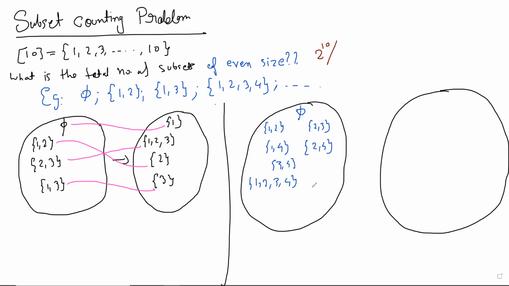So we have size 2 and size 4. Am I missing something? Yeah. 4, 2,4, 2,3, 2,1, 3,4. Wait, 1,3. Yeah, 1,3 I'm missing. So 1,3. Okay. And so now maybe you guys can already start thinking about what the pairing should be.